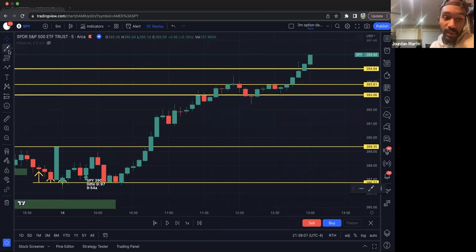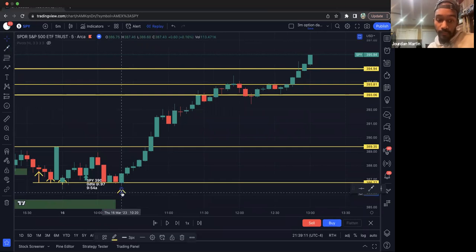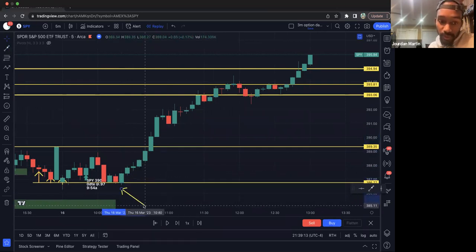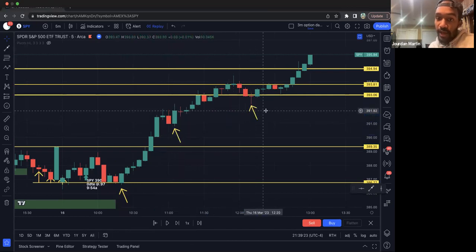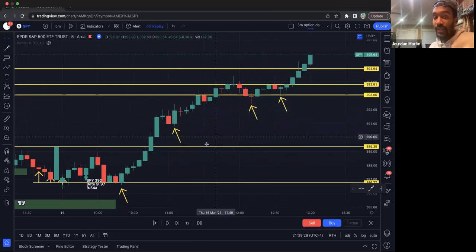So when we look at that, we see that we have lows here. All right. We get another low. My bad. We get another low here that is higher than this low. We get another low here that's higher than that low. We get another low here that's higher, right? So we are allowing the trend to carry us in our trade.